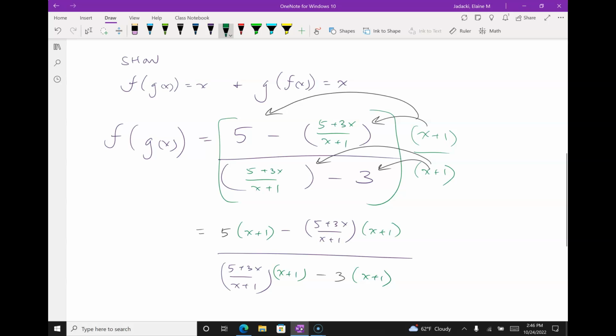So I guess the first question is, where did the x plus 1 come from? The interior denominator, right? But I'm only allowed to multiply by 1, so I multiply by that thing over itself. I'm distributing into every numerator, into the 5, into the function g, into the 3, right? Everybody with me? You see that?